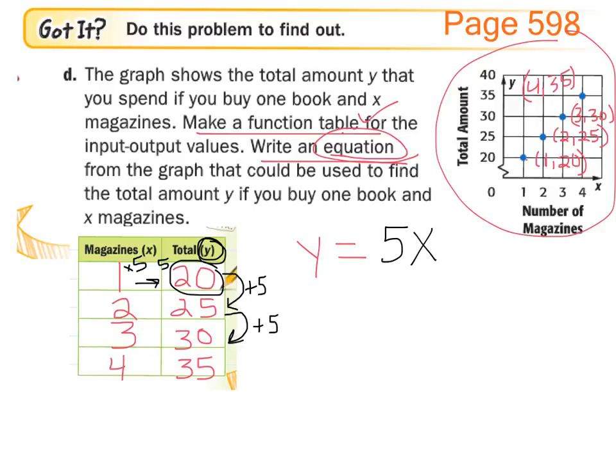So that tells me I have to take 5 plus what is 20, and that would be 15. Let's see if it works on the next one. 2 times 5 is 10. If I add 15, do I get 25? Yes. So our equation is 5x plus 15 more.